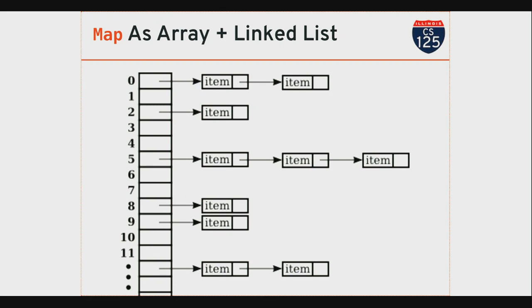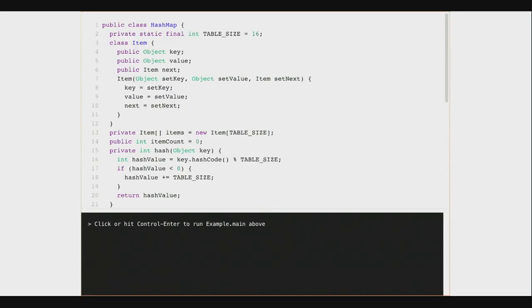But if there are other items that have already hashed into that bucket, as it's sometimes called, what I do is chain them together using a linked list. So the front part of my map is an array, and the back part is a linked list. It turns out that I actually get a little bit of the performance of both, depending on the size of each of them relative to each other. I'll come back and explain what I mean by that in a minute.